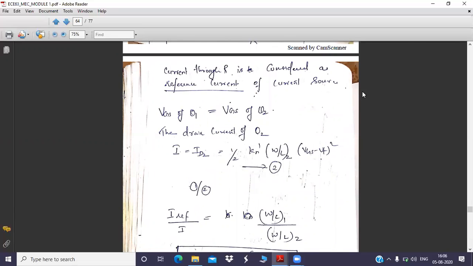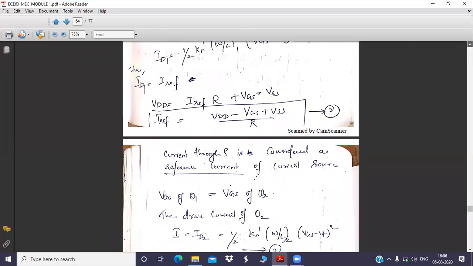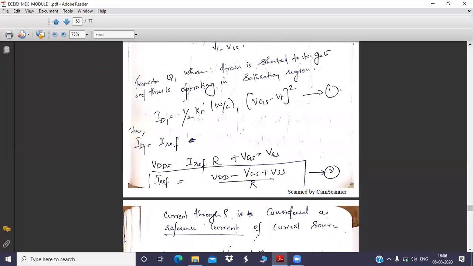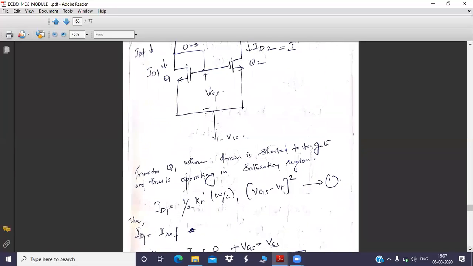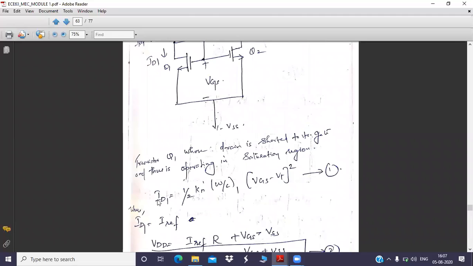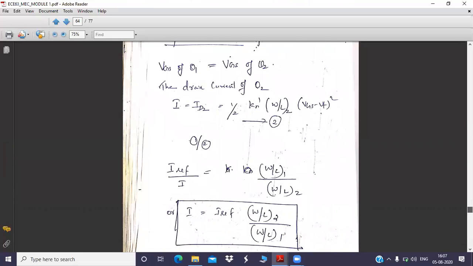So IREF by I equal to... why have I written IREF here? Because ID1 is equal to IREF, as you can see. It is the same, so equation 1 for ID1 is applicable for IREF also. So when you divide equation 2 by equation 1, you have IREF by I.